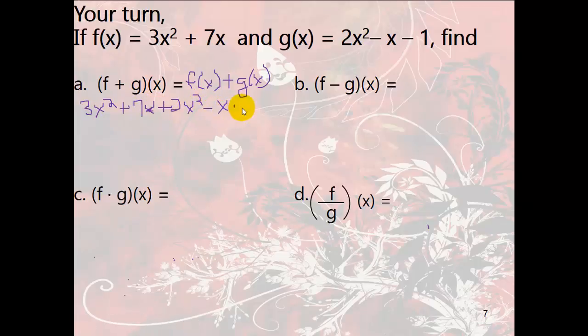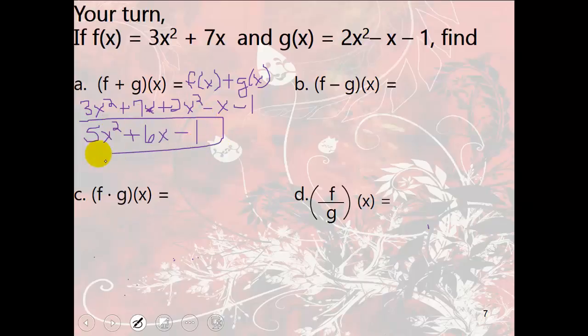And I'm going to get 5x squared plus 6x minus 1. All right, how'd you do? I'm adding them together. Oops, I don't know what's going on with my pen.